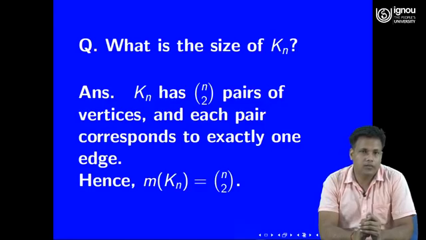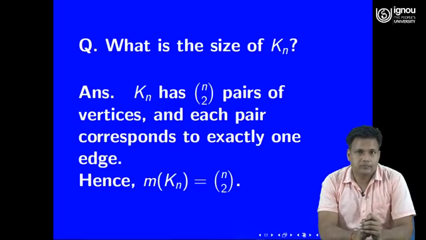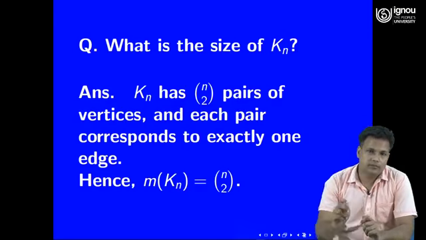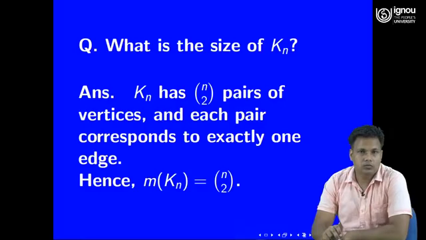That is, what is the size of Kn? We know that Kn has n choose 2 pairs of vertices, and for each pair there is exactly one edge that connects the 2 vertices. So there are exactly n choose 2 edges in Kn. That is, the size of Kn is n choose 2.